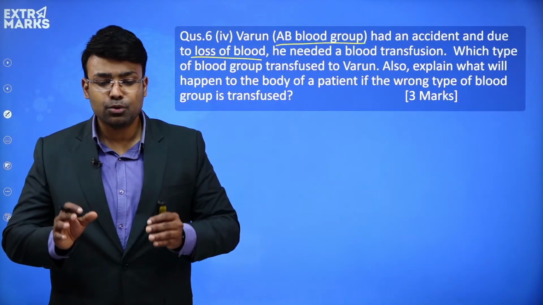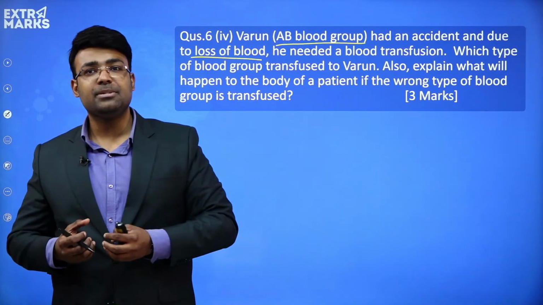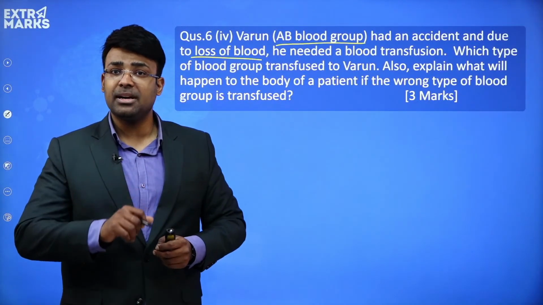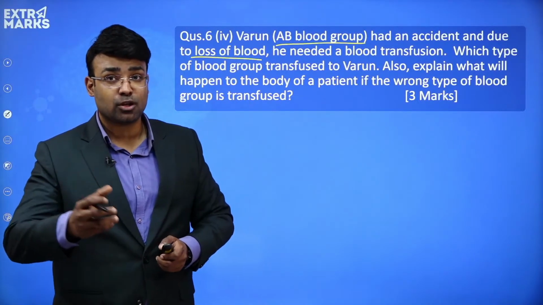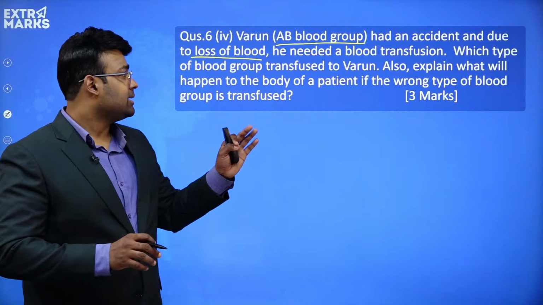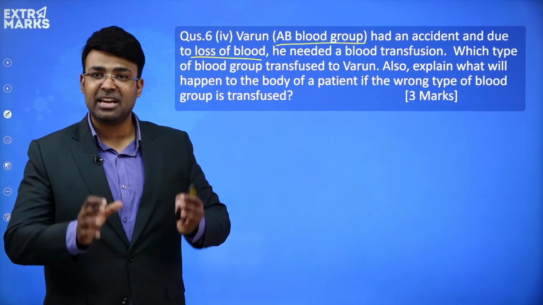Here you need to understand that whenever a wrong blood type is introduced into a person's body, clumping of blood can happen and it can also lead to the death of the person. Although in this case, Varun is quite blessed because he has the blood group AB.